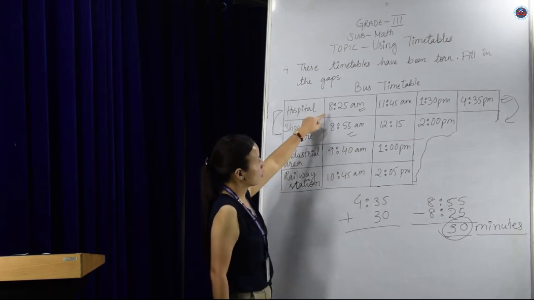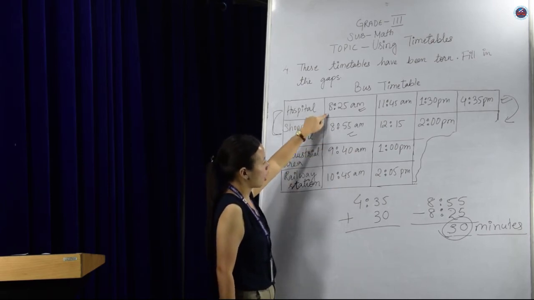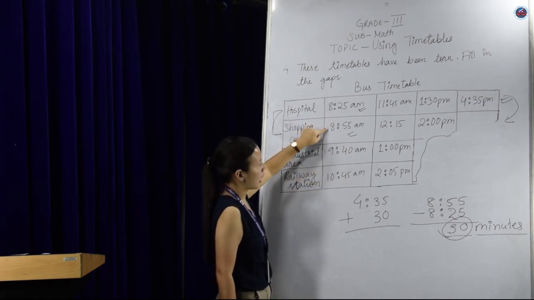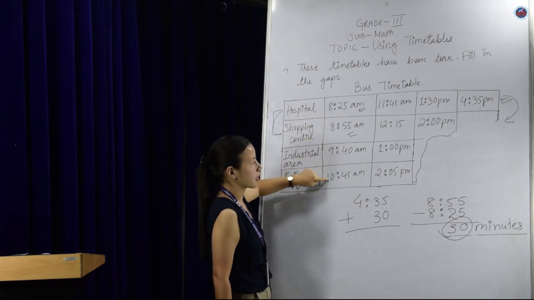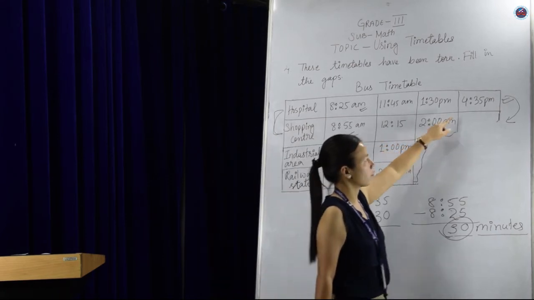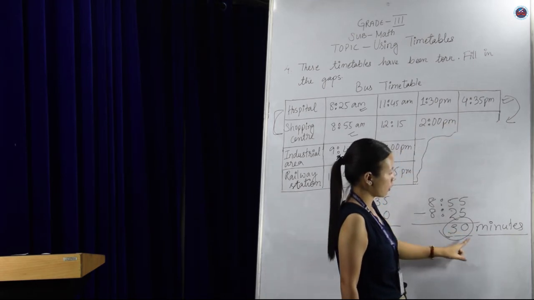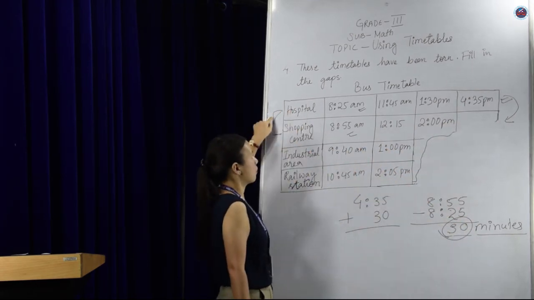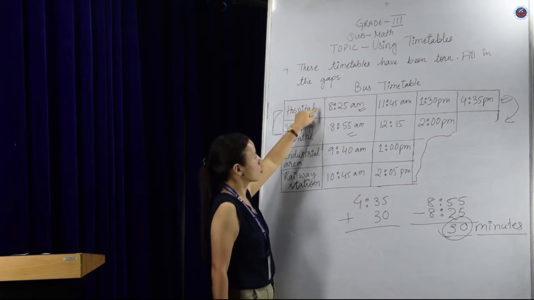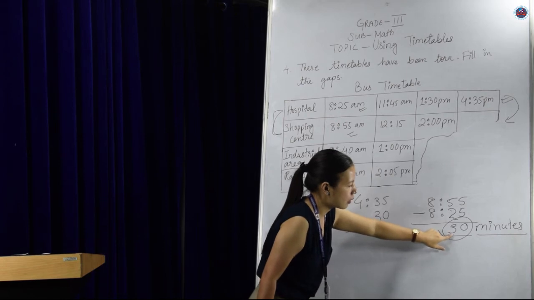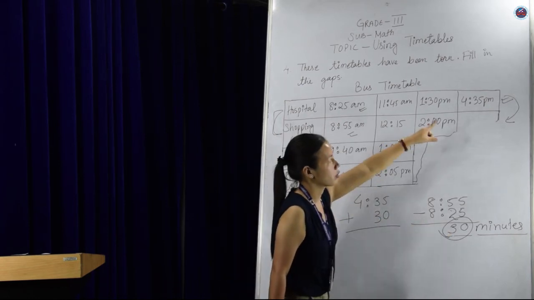When we look at the times from the top, as we go down, the time keeps increasing, right? So to find the next time, the time will increase. That's why we are adding 30. So we are going to add this 30 minutes to this 4:35.